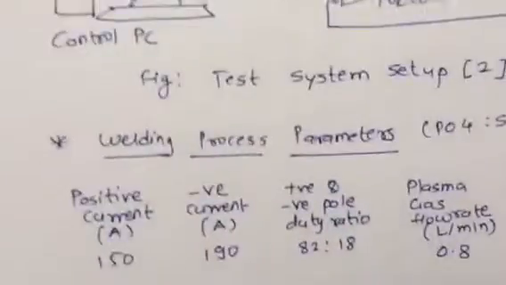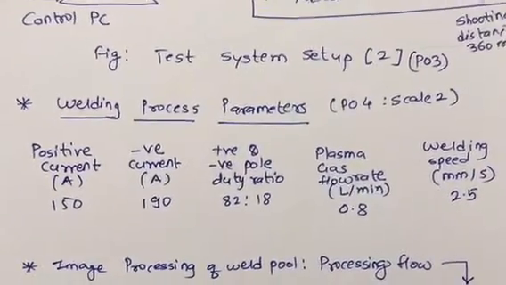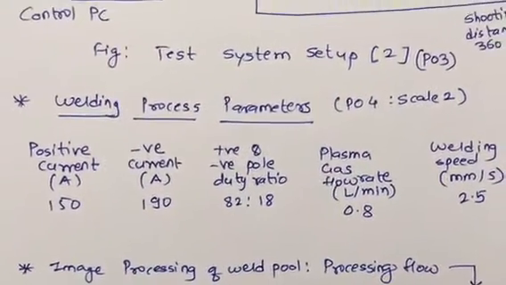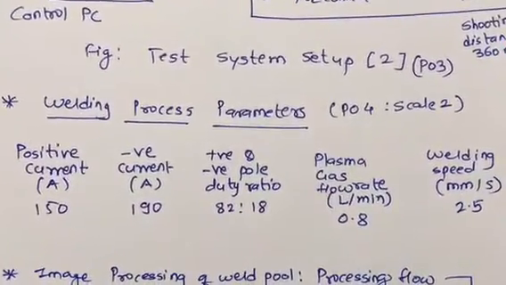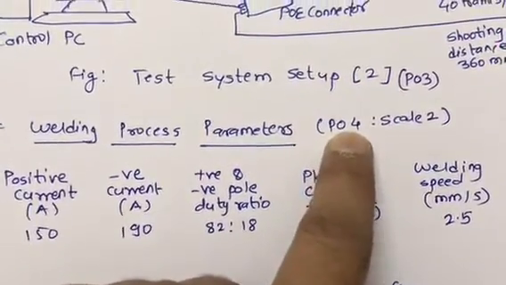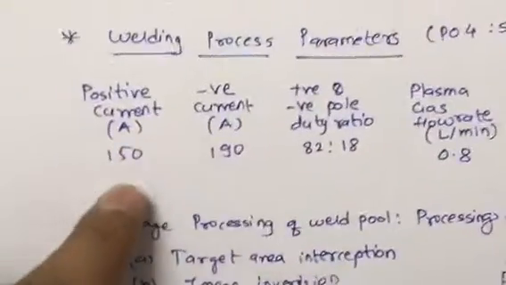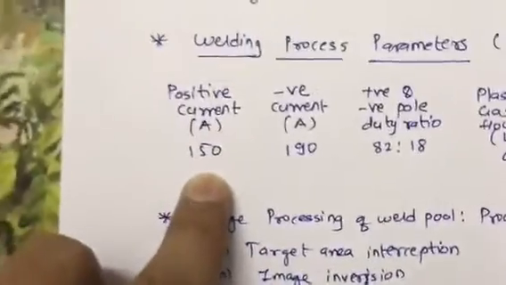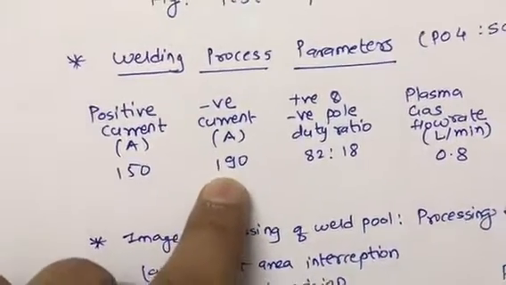Then now they have some welding process parameters. Now these are the real welding process parameters. So we can mention that we are extracting the knowledge from data interpretation. So this is program outcome number 4, and the scaling is 2 that I thought upon. So you will find that the positive current is 150 ampere, negative current is 190 ampere.